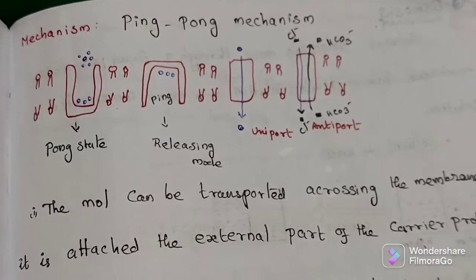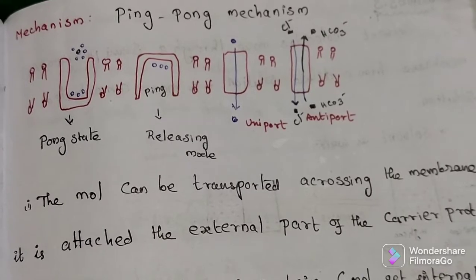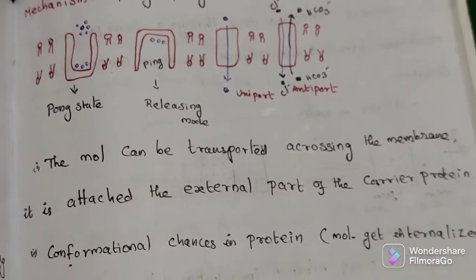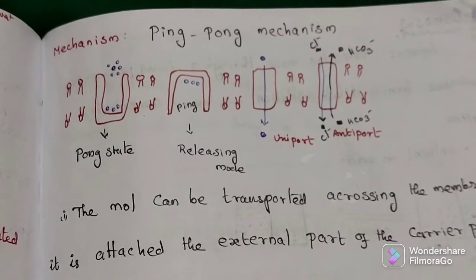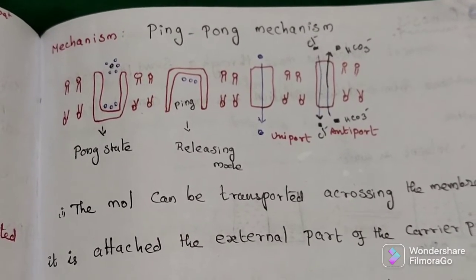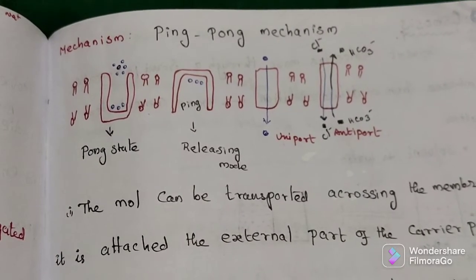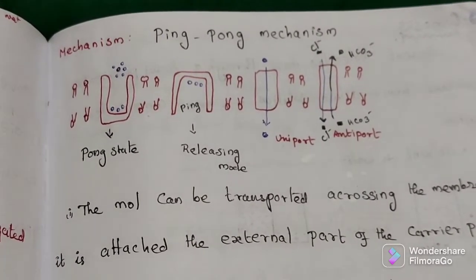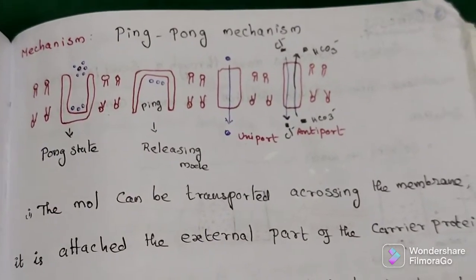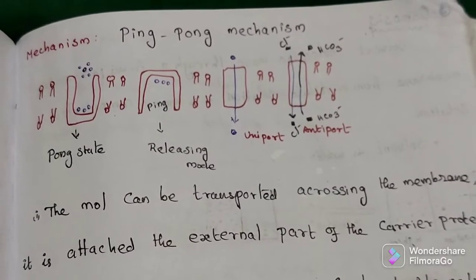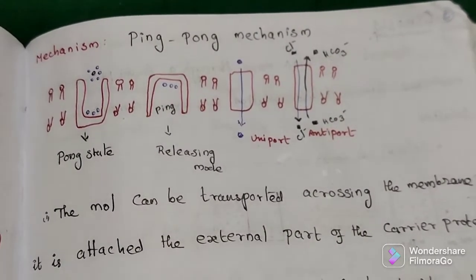When it attaches, conformational changes in the protein occur, due to which the molecule gets internalized. So it is transport down the concentration gradient, via carrier mediated protein, and energy is not required for this process.